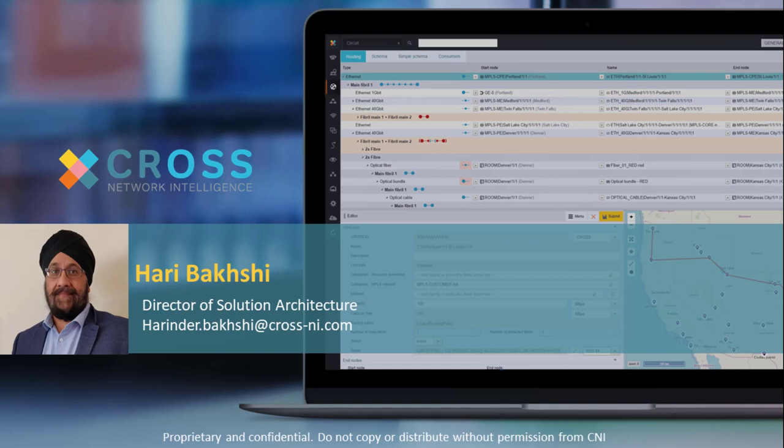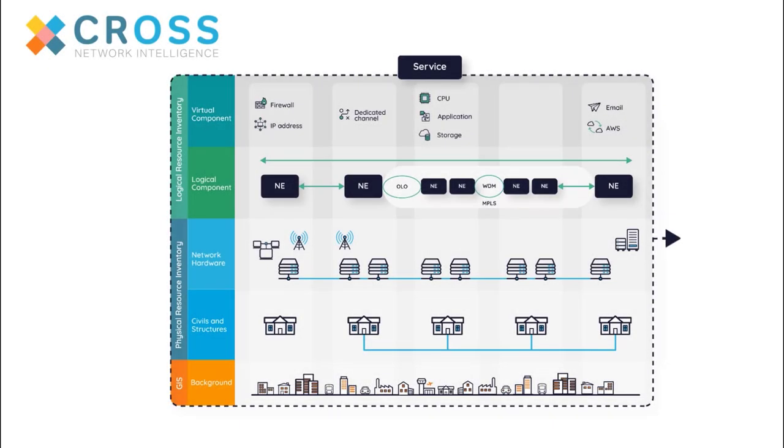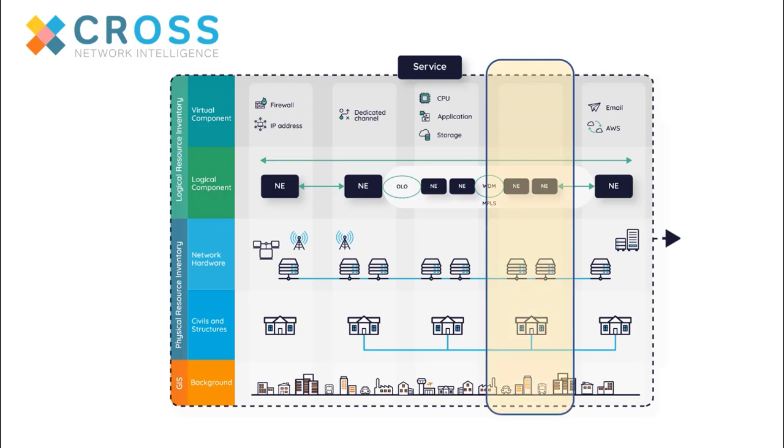On to the first of our topics, integration and federation. What do we mean by this? Well, when Cross ingests data, it goes through a process called cross-domain mapping, where it fully links all the data from all the different layers to each other.